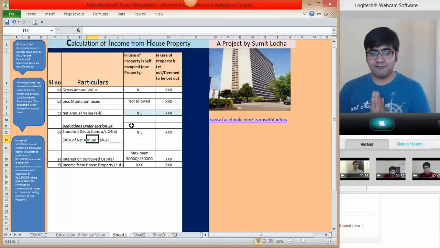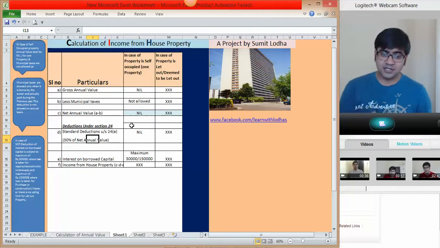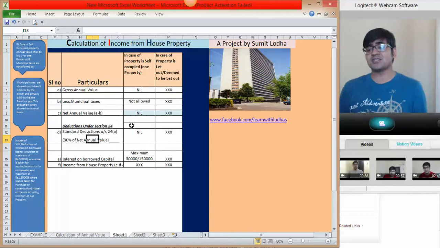You can see the clarification given at the bottom left for how much interest deduction you can get once you are using that house for self-occupation. The 30,000 rupees limit is applicable in case you have taken a loan for repair, renewal or reconstruction of your house property.